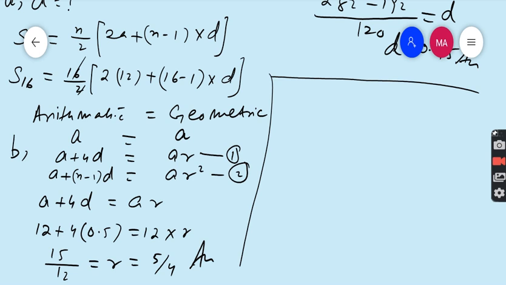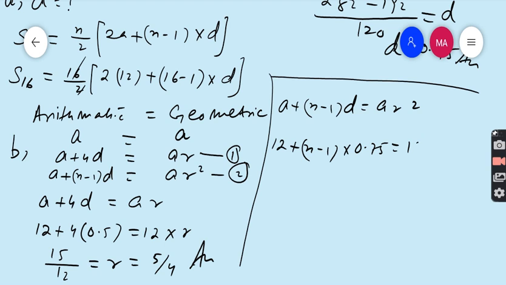Now find the value of n, taking equation number 2. a plus (n minus 1) into d is equal to ar square. So a is 12, n is unknown, d is 0.75, and r we have found is 5 upon 4 square.